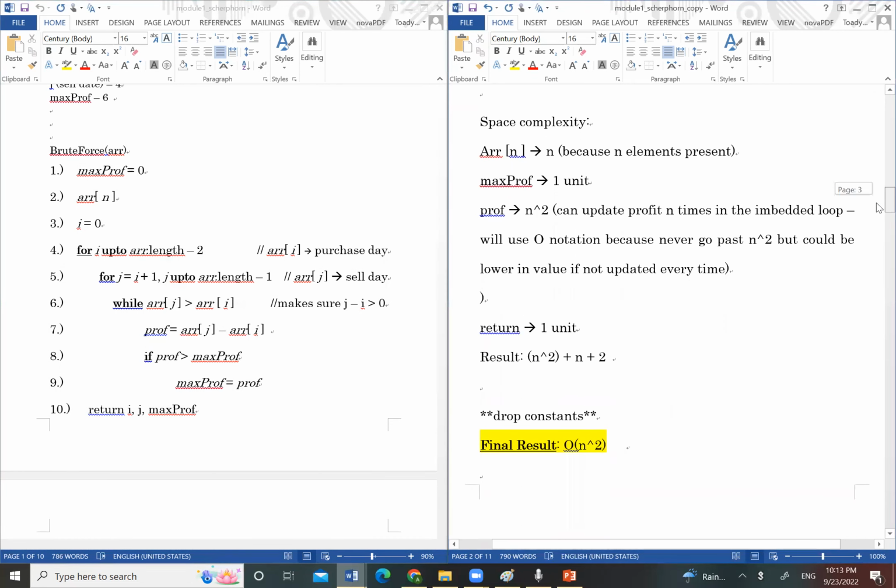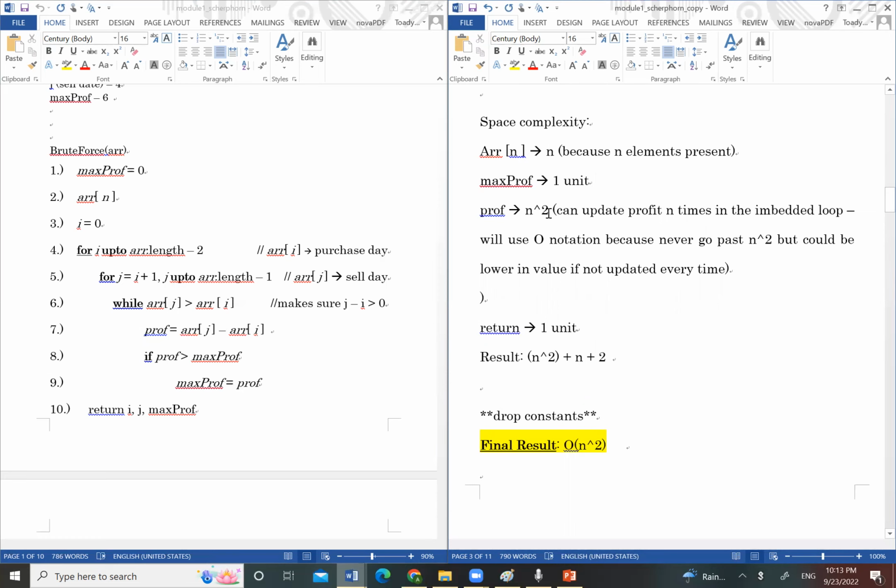The space complexity is: the array of n elements, because n elements are present, so it'll be n. Max prof is just a variable, so it's just 1. Profit will be n squared. It's not exactly n squared, because it only goes to n minus 1, it has to be multiplied by n minus 2.